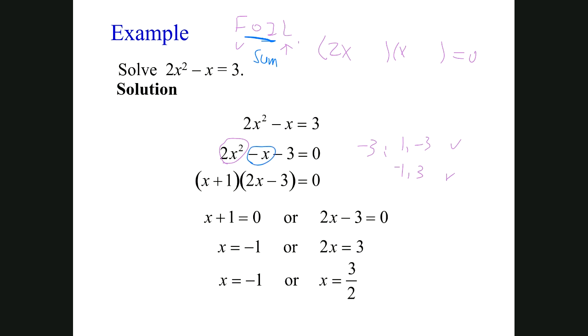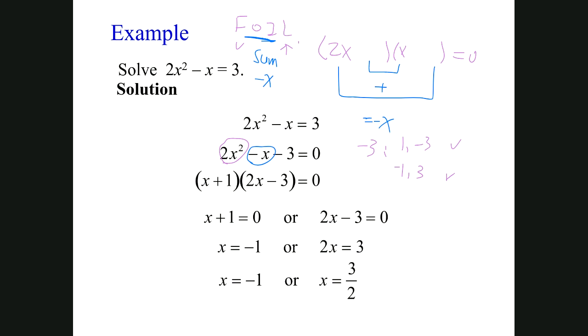So if I multiply these two together, I get a number, and then I multiply these two numbers together, and these two add up together has to be equal to -x. That is the goal in here. That's called FOIL factoring. My outer multiply plus my inner multiply has to be equal to -x. That is the goal in here.